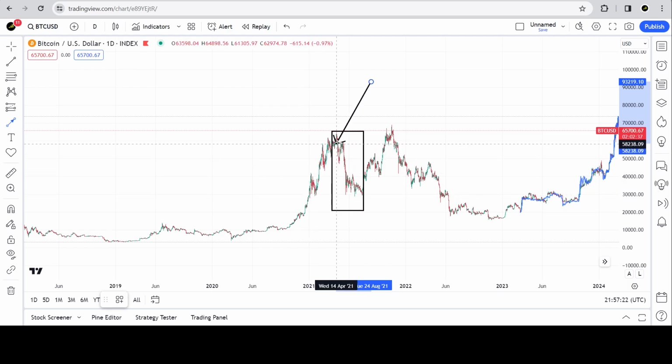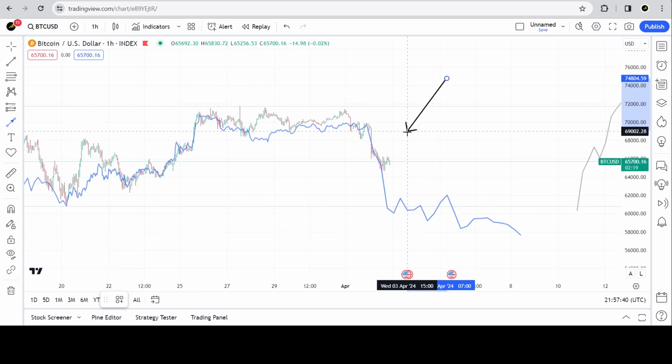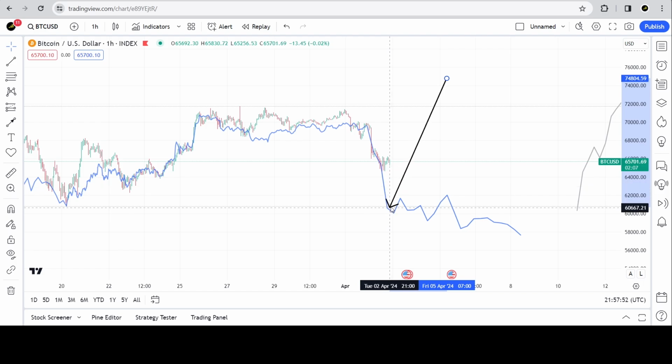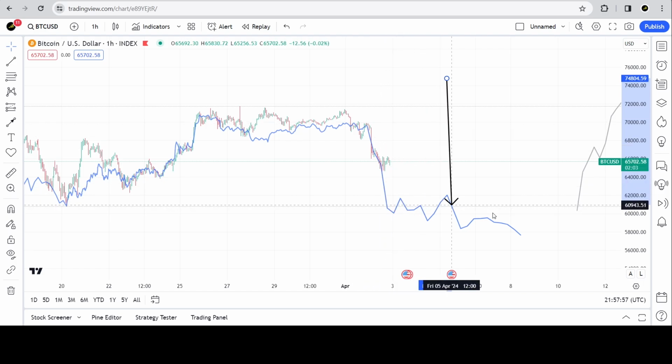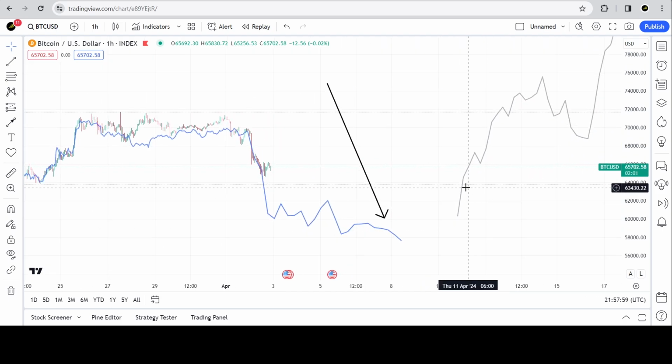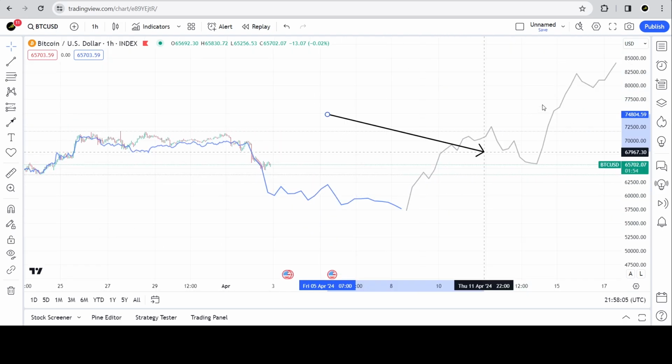I believe it has already done all of this. It is in this decline, which is this right here. So if I'm right, I could be wrong, Bitcoin would potentially continue to drop further down. Again, it's playing out on a much smaller time frame. We would have this, and then this right here would be the final leg up to the peak.